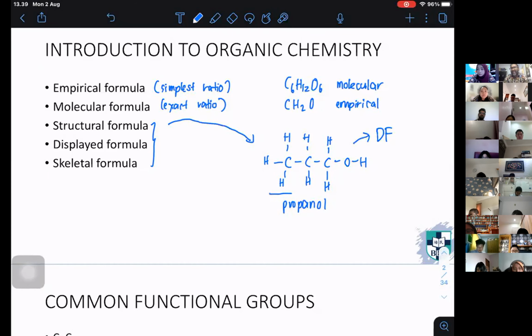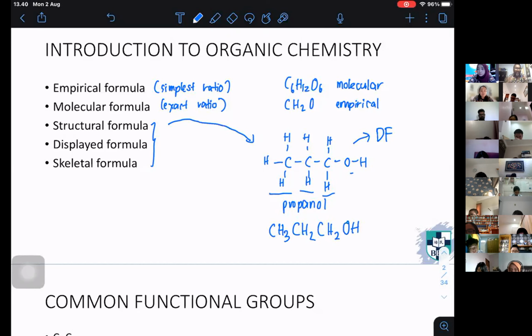You write CH3, followed by CH2, and there's another CH2, and then OH, you put OH. This is how you write your structural formula.